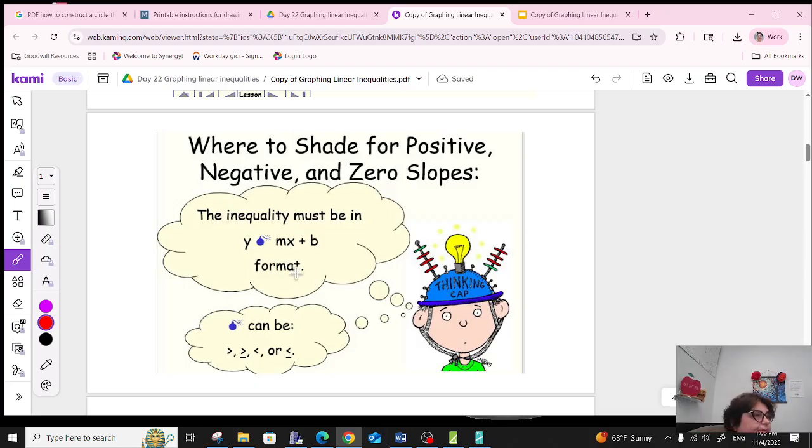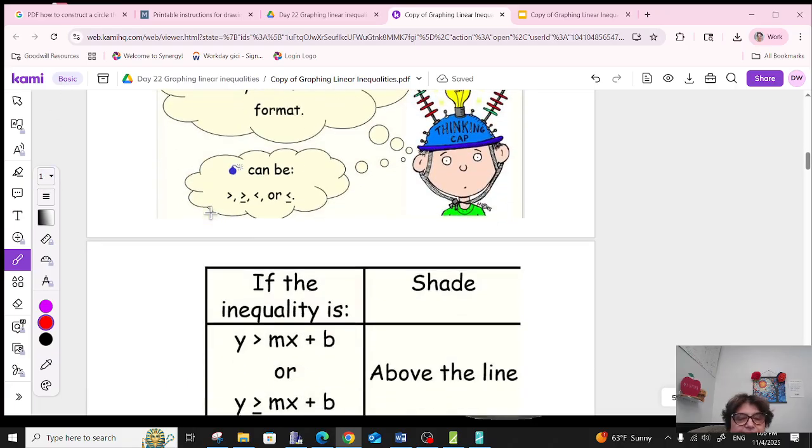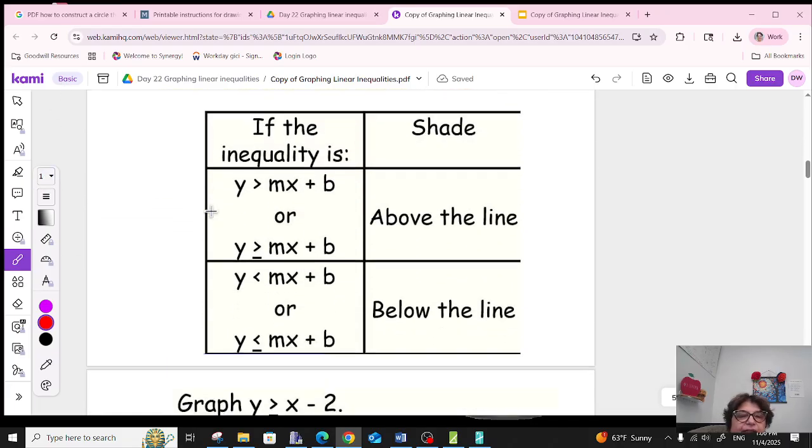Any questions on that part? If the inequality is greater than or equal to, when we shade, when we color, we're going to shade above the line. When it's less than or equal to, we're going to shade below the line.